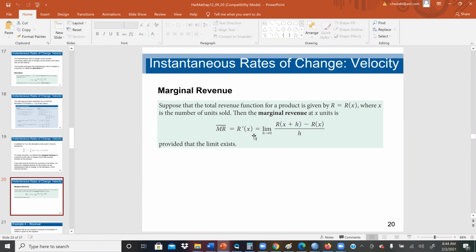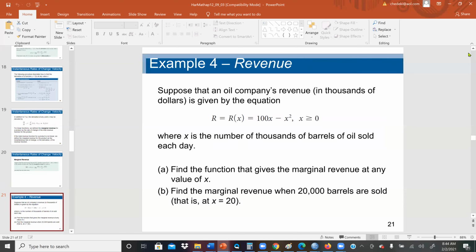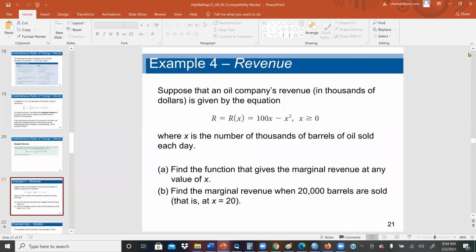So that leads us to the limiting process. I have a revenue function, and to find the marginal revenue it is R at x plus h minus R at x over h, same as our limiting process formula. So we have a function, R at x.